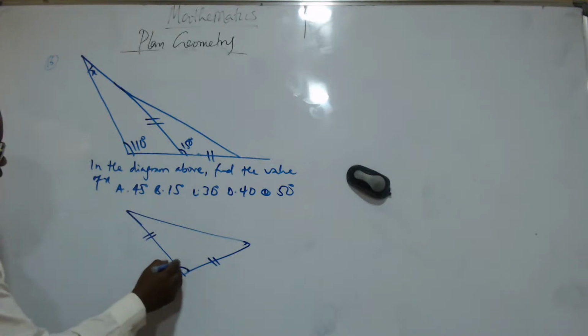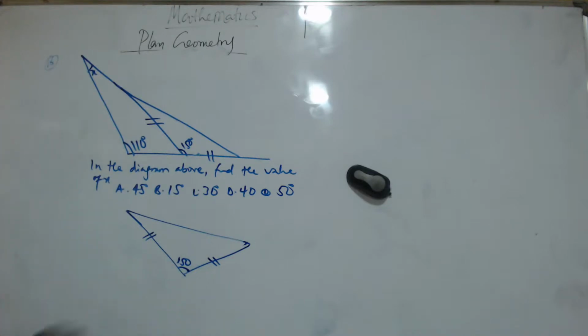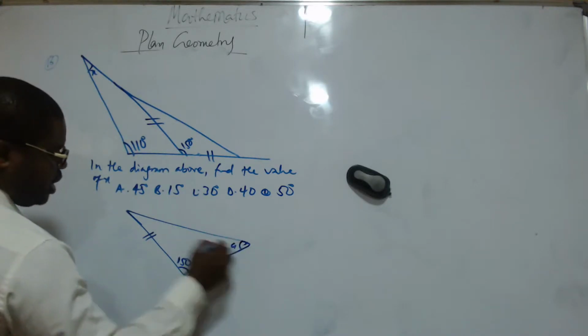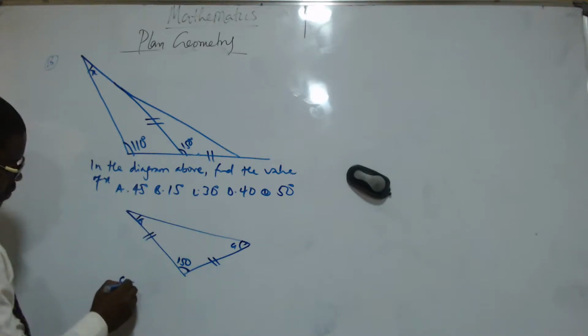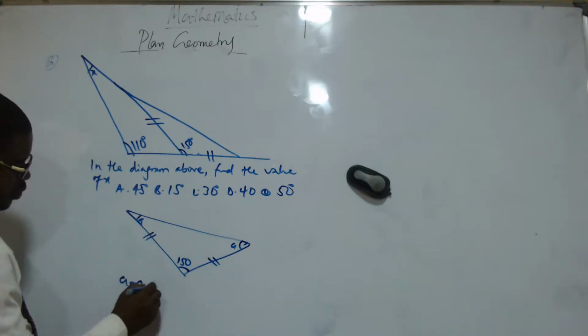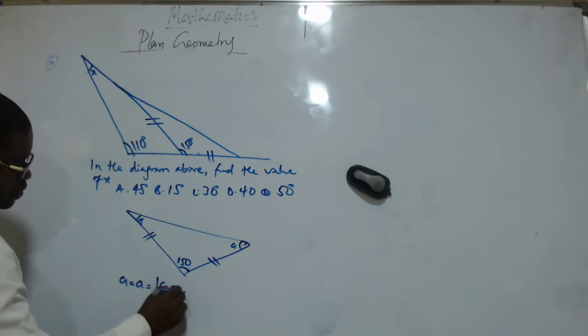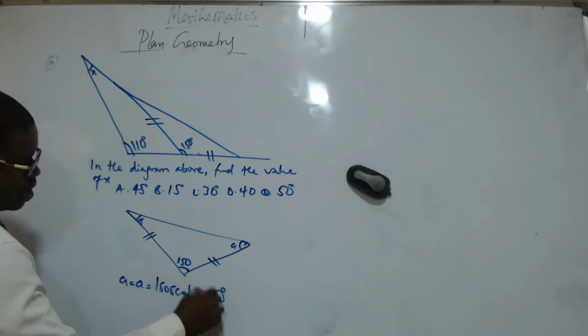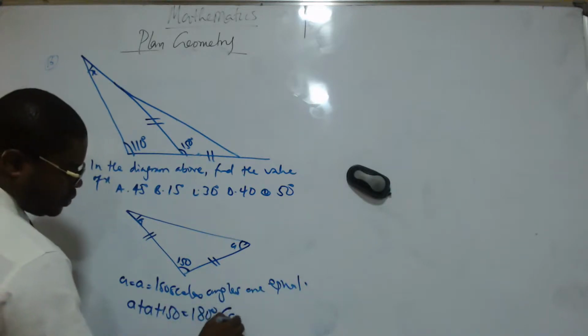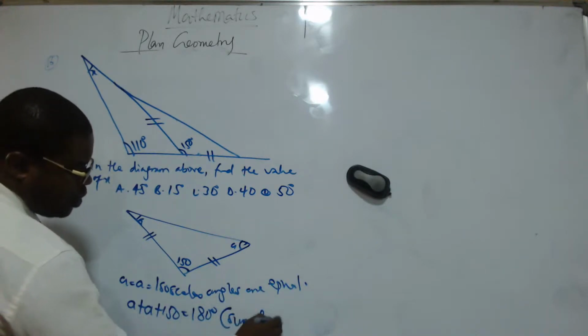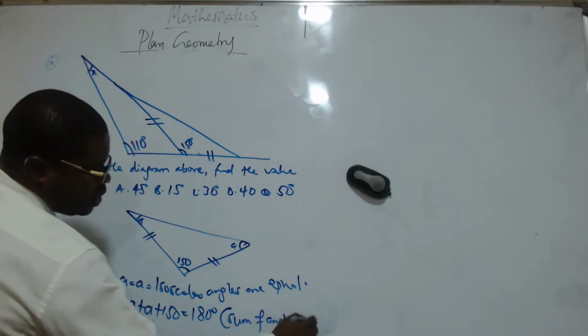And this angle here is 150. So this side, we say A. Reason: A equals A, we have isosceles triangle angles, and the sum of angles in a triangle.